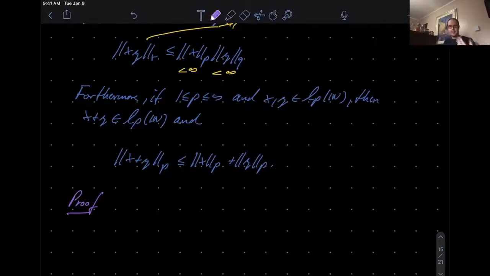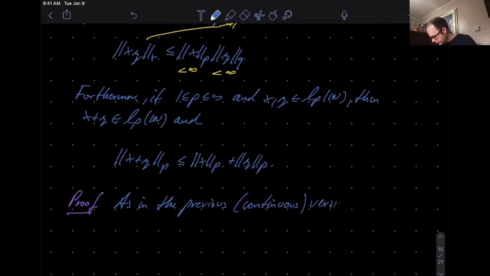The only difference is you have to replace integrals and continuous variables x by sums and discrete summation variables small n. So we'll just write as in the previous continuous versions and nothing else. Okay, this requires no further comment.